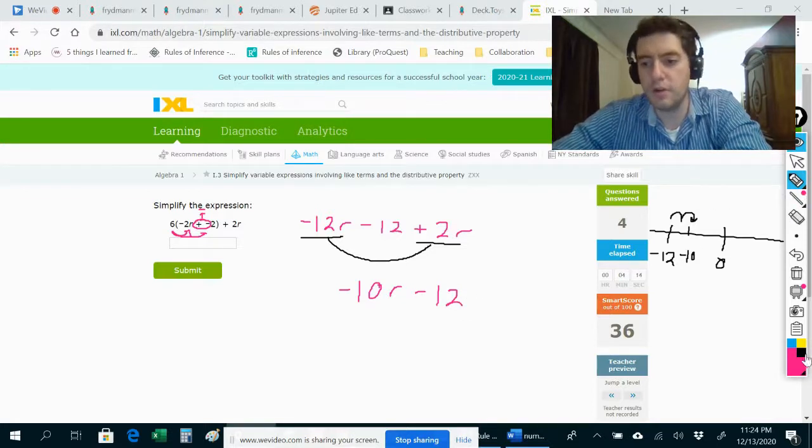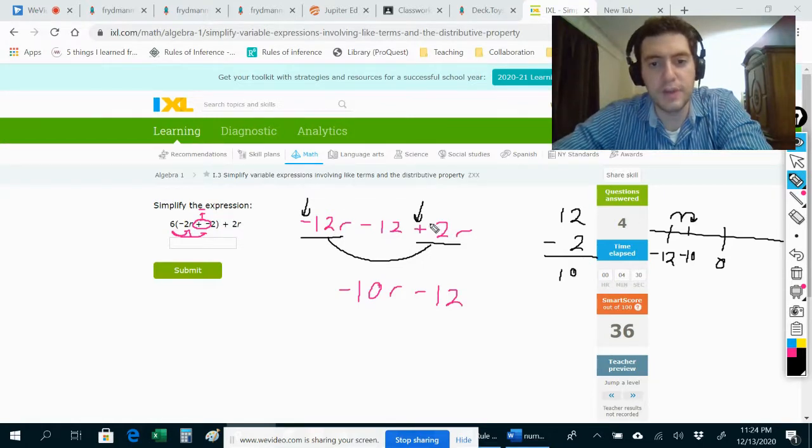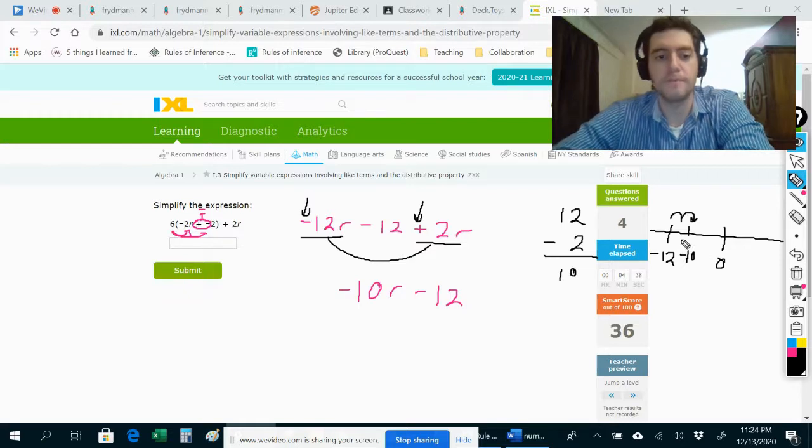All right, or another thing that I like to say is if these symbols are different, then we would subtract and we would take the symbol in front of the larger number. So 12 is bigger than 2. 12 had the negative in front of it. So my answer would actually be negative 10, which is the same thing that we got by looking at the number line.